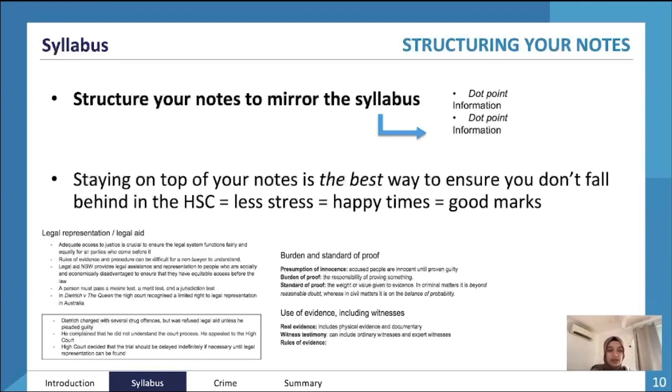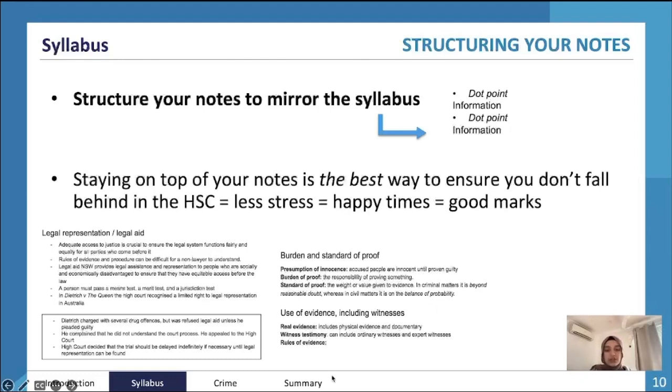So for example, we've got legal representation and legal aid, which is one of the dot points, and then you just put your summary notes under that, and then you go into the next syllabus dot point, for example, burden and standard of proof. So then you have your summary notes. Again, use of evidence including witnesses is a syllabus dot point.